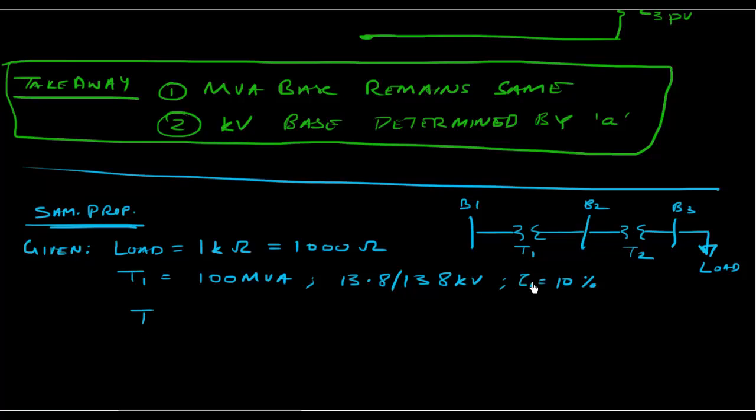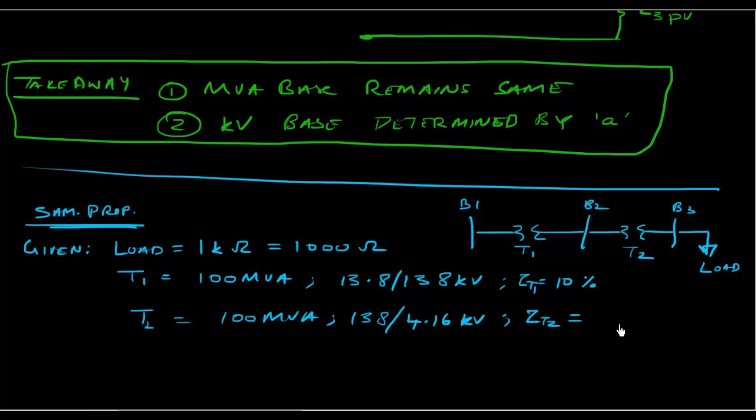And so let me define that as ZT1. Transformer 2, again 100 MVA. Remember, this is not impedance in the circuit, this is the impedance of the transformer itself. Transformer 2 is again a 100 MVA transformer with 138 kV primary and let's say a 4.16 kV secondary.